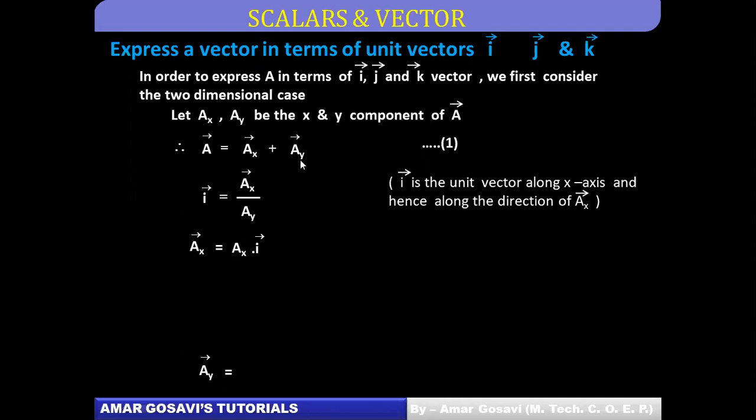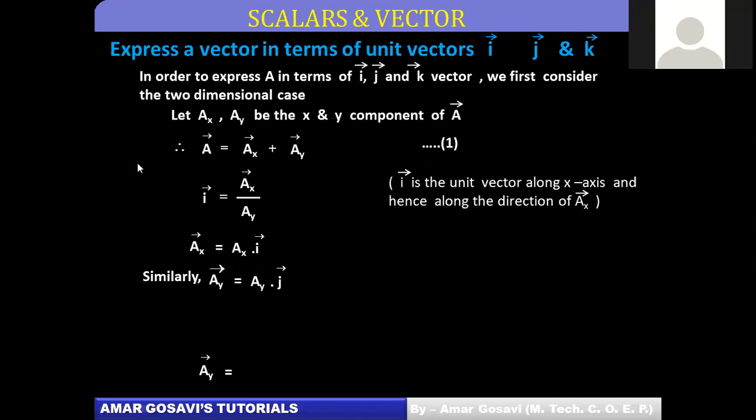Similarly, we can work it out for ay bar also in the similar situation. Similarly, it can be represented as ay bar would be represented as, friends, check out, ay into j cap. Why j cap? Because j cap is the unit vector along y axis. i cap is the unit vector along x axis.